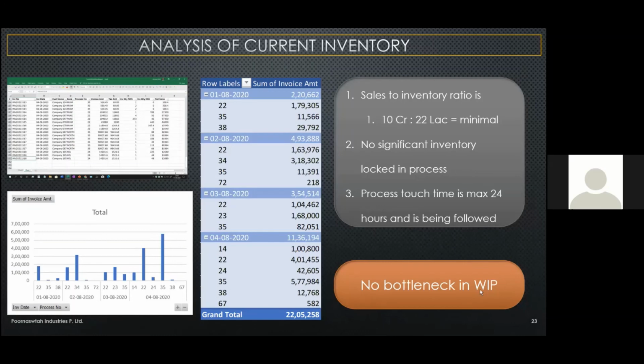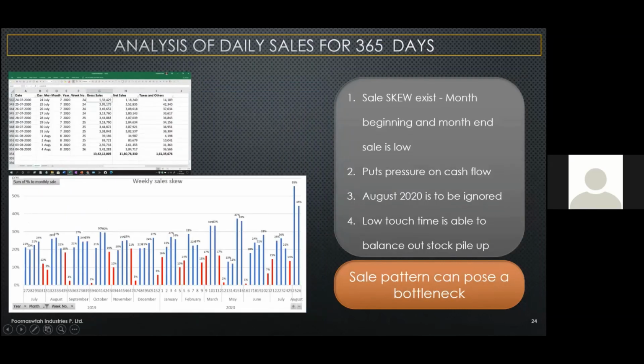We checked that. Analysis of daily sales for the past 365 days. When we mapped it across the weeks, what we found is that in the last week of the month and the first week of the month, there was a dip. And yes, it was a significant dip. This August month has to be negated because there was some error. So the sales queue existed.